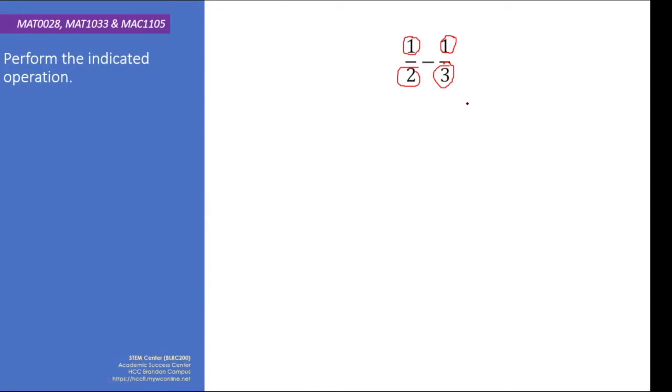So here we've got to find something called the least common denominator so that we can have the lowest possible number that can be a denominator for both of these fractions.